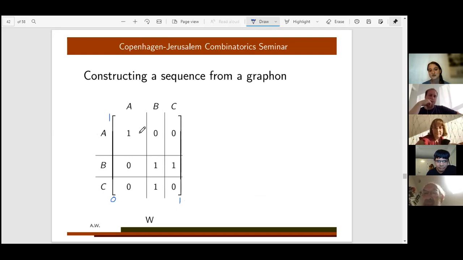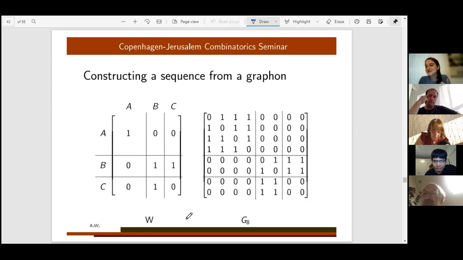So my graphon is 1 on this square, 0 on these squares, and so on. So how could we think of how sampling from a graphon works? Well, intuitively, we would just put 1s where we see a 1 and 0s where we see zeros. This is not exactly how it works, but this is how we can imagine it to be.